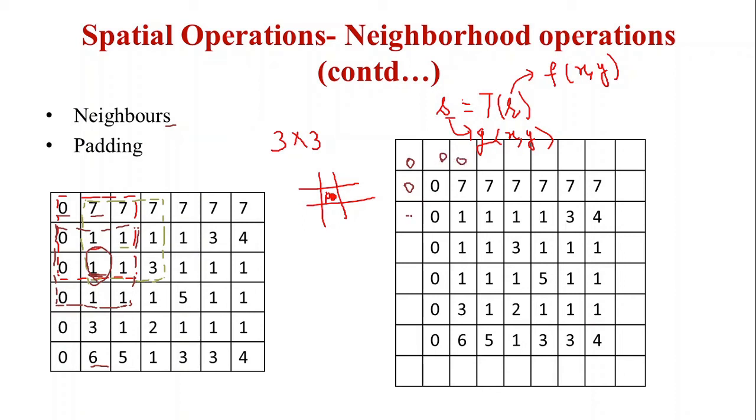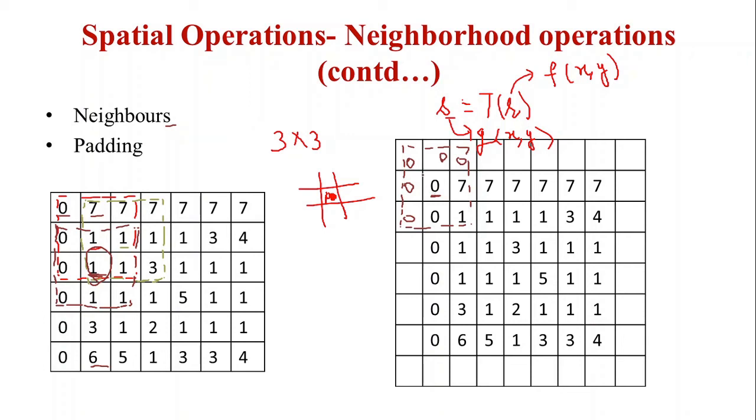Now if we have to compute the neighbors for this pixel p, we are going to again construct a window of 3 cross 3, and all the pixel values which lie inside this form the neighbors of this particular pixel, right?